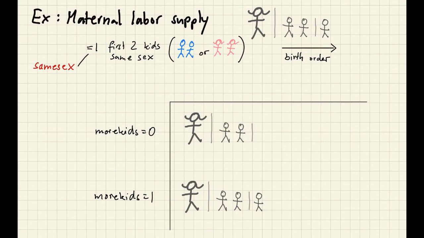If the first 2 kids are of different genders, then the same sex variable takes the value 0. This covers the cases first a boy and then a girl, or first a girl and then a boy.